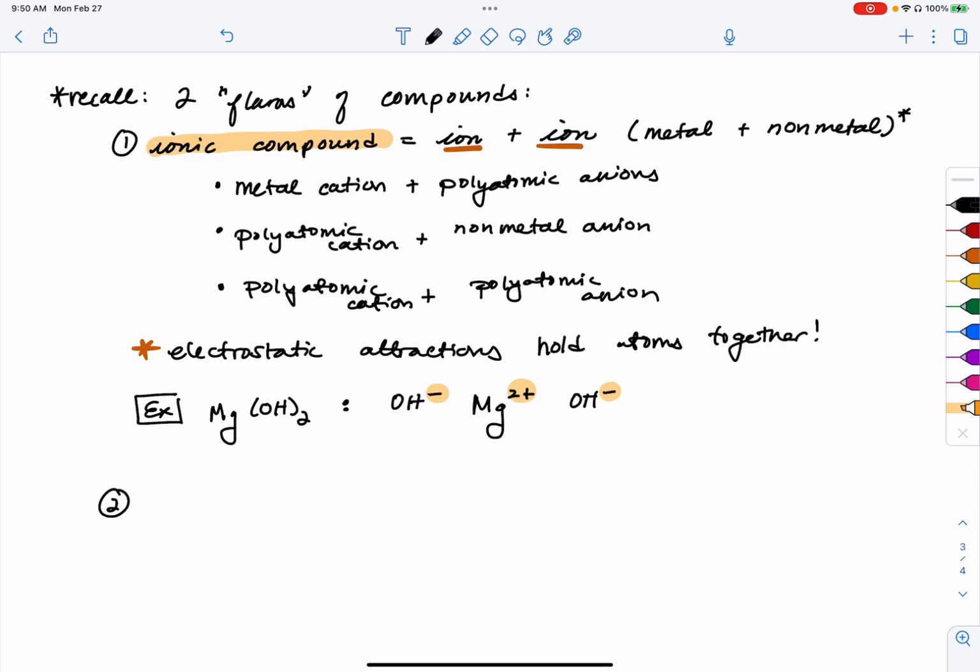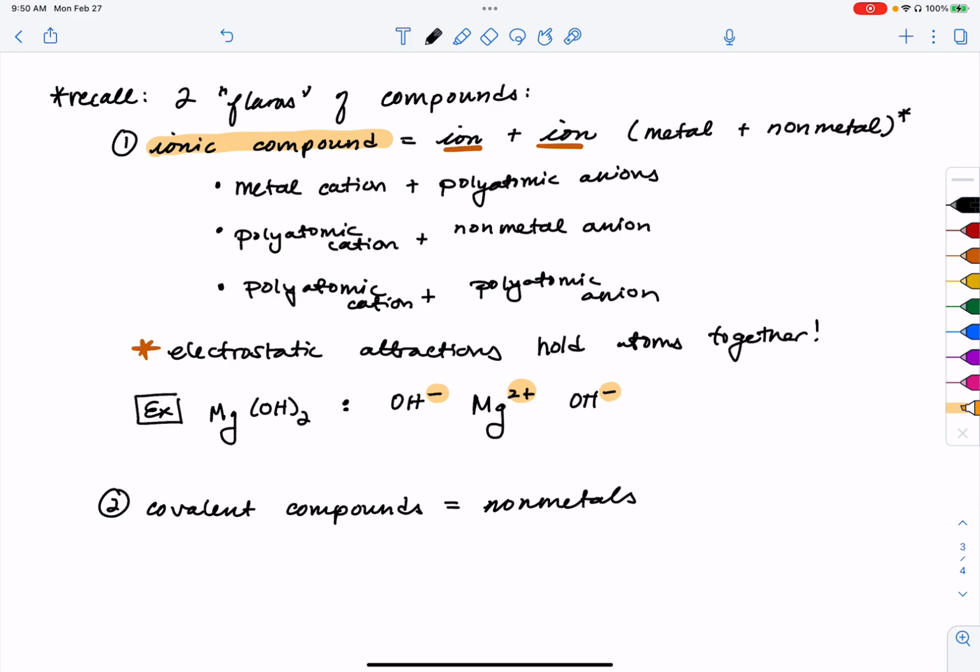Now, the next type of compound that we looked at were called covalent compounds. And covalent compounds, as we recall, are clusters of nonmetals that are bonded together.